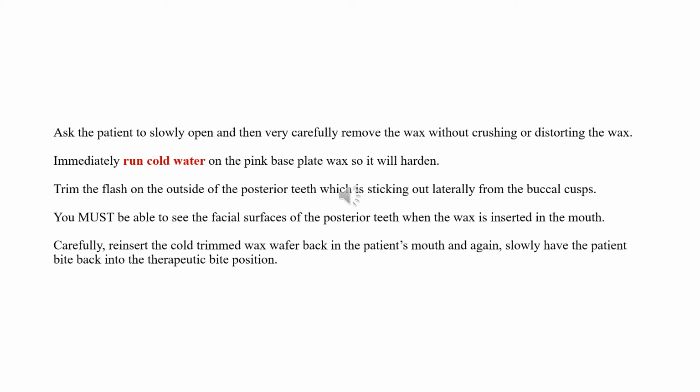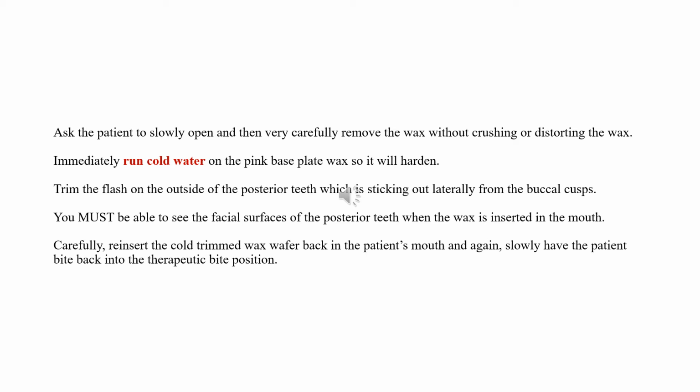So next thing is you want to trim the flash posterior to the teeth, in the posterior teeth, and that's laterally sticking out of the buccal cusps. In other words, you'll look at the bite and you'll see the bite into the teeth, and then on the outside, you'll actually see extra wax. And you want to cut that off. Why?